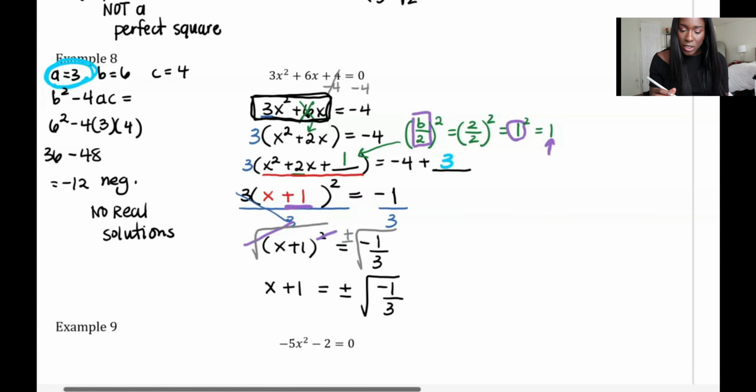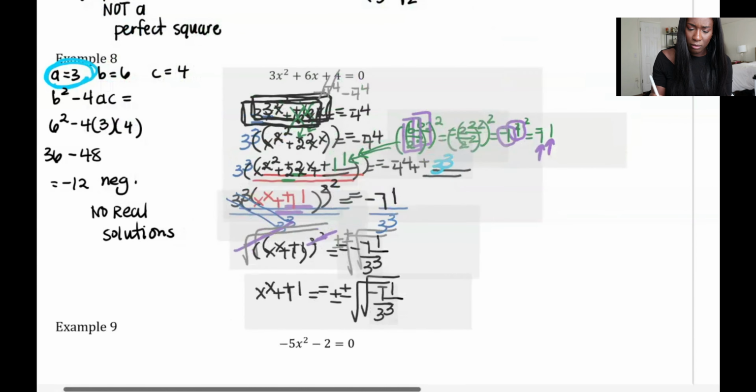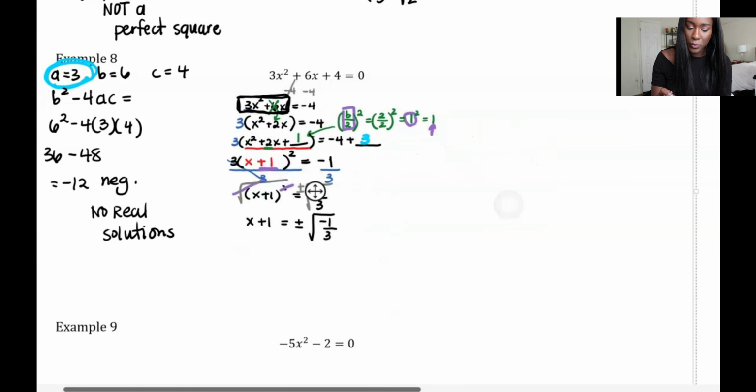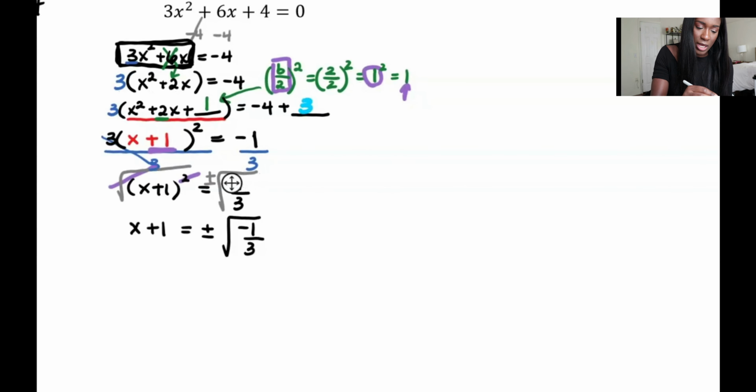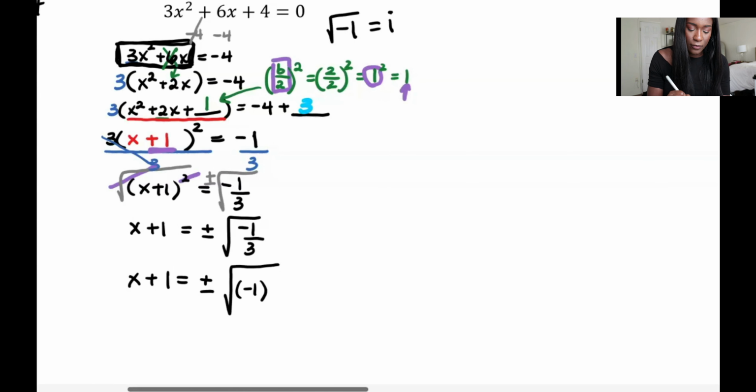So now I'm going to shrink some of this down so we can have some more space, and I'll show you where the i comes from. So remember that the square root of -1 was i. So what I'm going to do is rewrite that -1/3 that's under the square root as a -1 times 1/3.